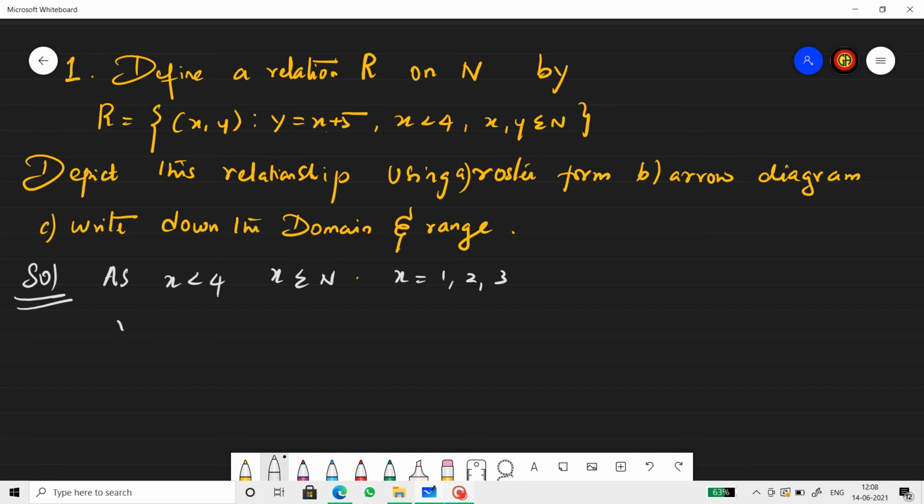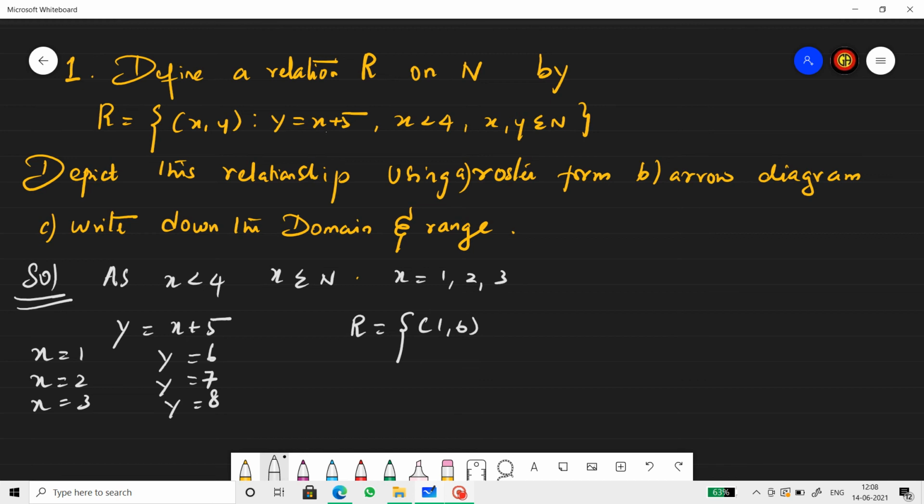Now, y is connected to x with the relation y = x + 5. So, when x is 1, y is 6. When x is 2, y is 7. When x is 3, y is 8. Correct? So, we get the ordered pairs of R now. What is R? R is a relation set which is {(1, 6), (2, 7), (3, 8)}. Alright, these are the ordered pairs.